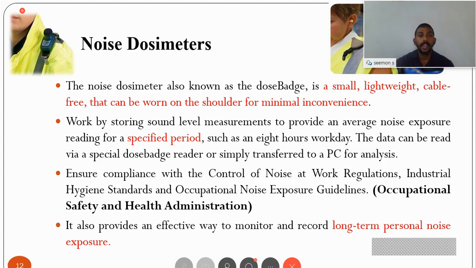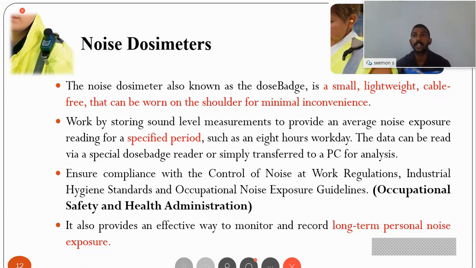Based on that, there are standard occupational noise exposure guidelines given by different authorities, such as ISO and OSHA, the Occupational Safety and Health Administration.